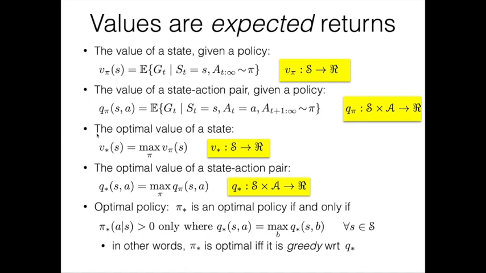So the values that we're talking about here are expected return objects, right? So we've got our expectation operator here, where we're saying that the value of the policy that we're using right now in the current state is the expected return, right?